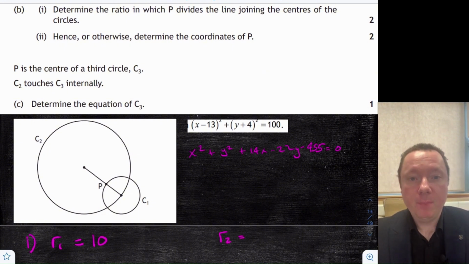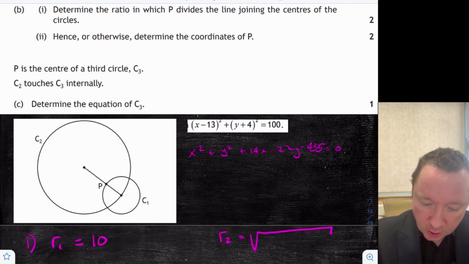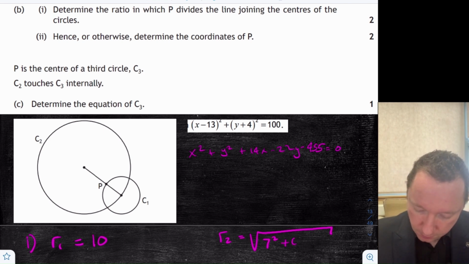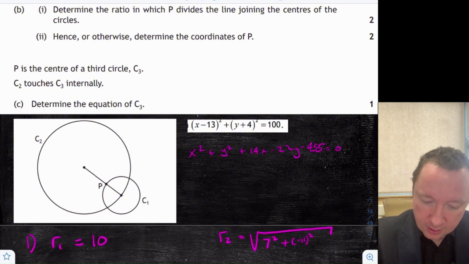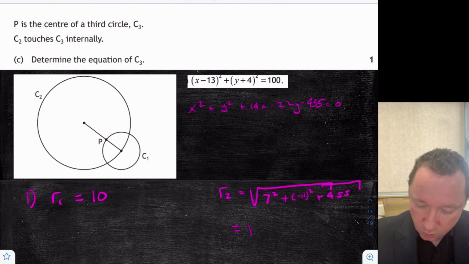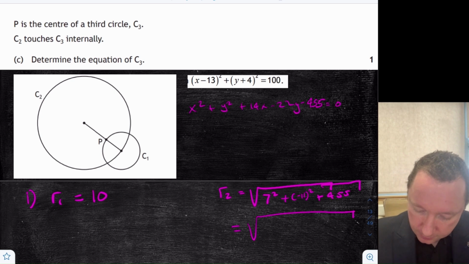Remember, it is the square root of g squared plus f squared minus c, so g is going to be 7 and f is minus 11, minus c, which is in this case 455, so plus c. So that gives us the square root of 625, just put it in a calculator, which is 25. So we've got our two radiuses.